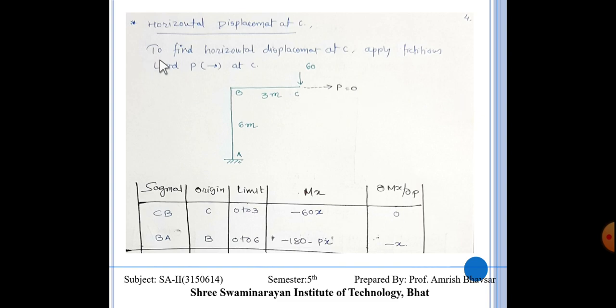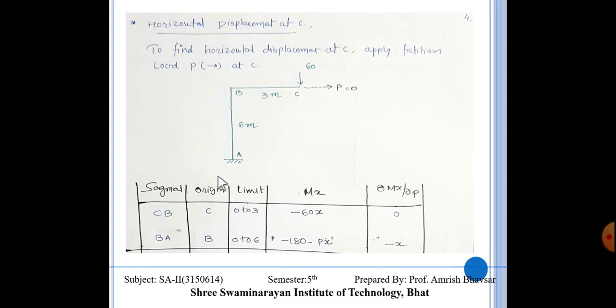So to find the horizontal displacement at C, apply the fictitious load P towards the right at point C. Now for this case, we again make this table: segment, origin, limit, Mx, del Mx upon del P. So which are the segments over here?